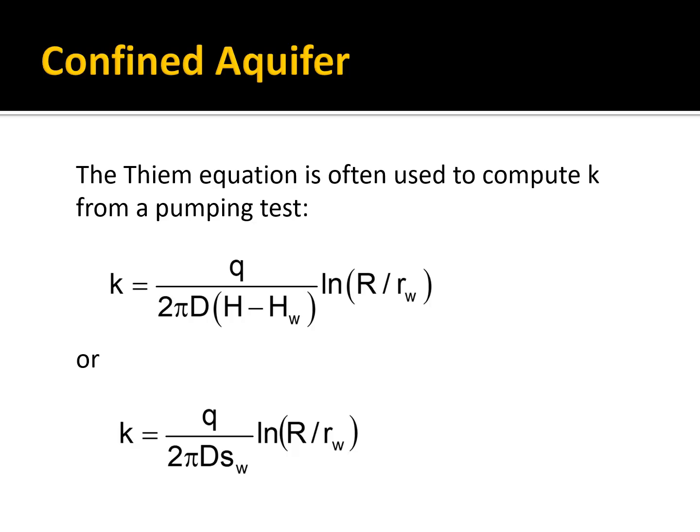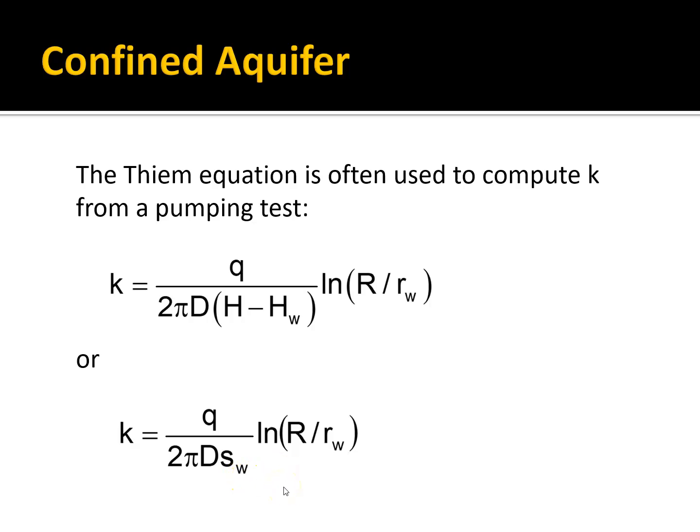This equation is often used to calculate the hydraulic conductivity from a pumping test. If you solve this equation for K, you get this term. And notice that this H minus HW term is the drawdown at the well.